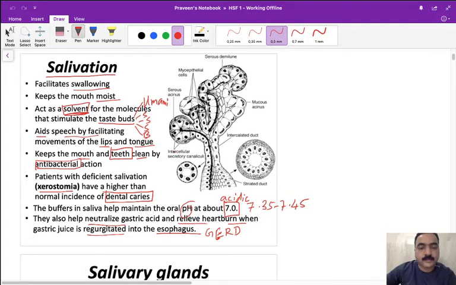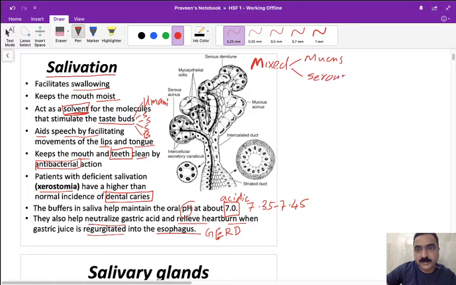Now we will see a little bit about the histology of the salivary glands. The salivary gland shown here is the mixed type. Mixed type means it has two different types of acini: the mucus secreting acini and the serous acini.